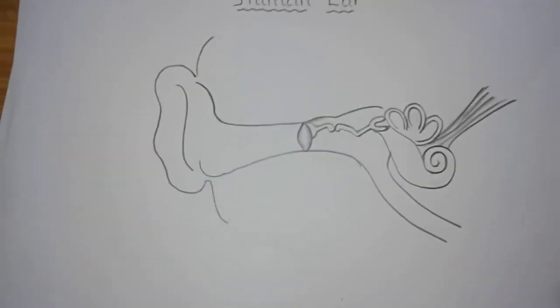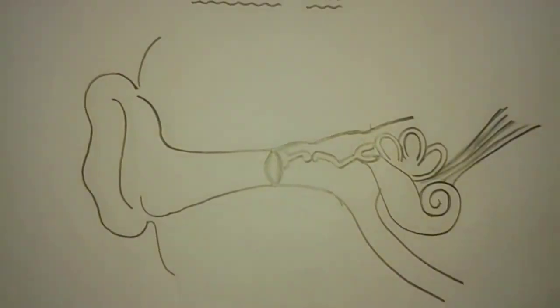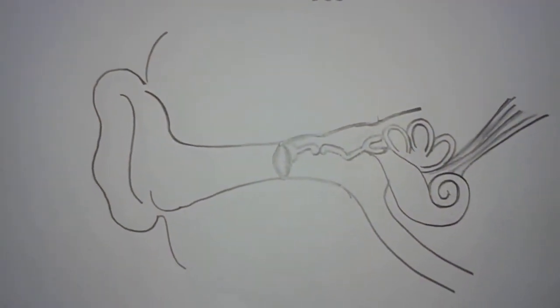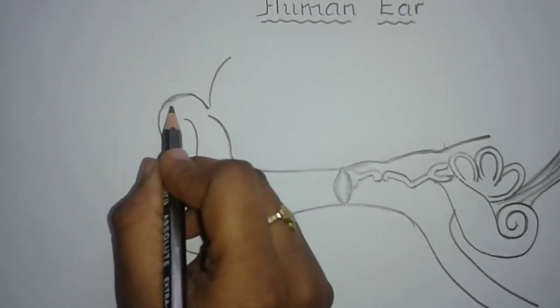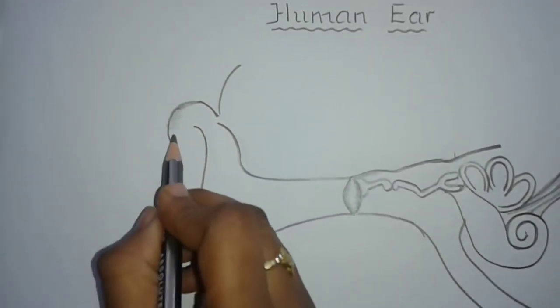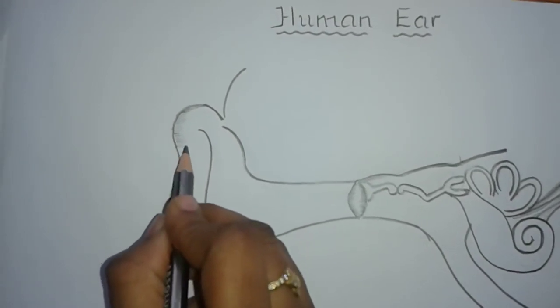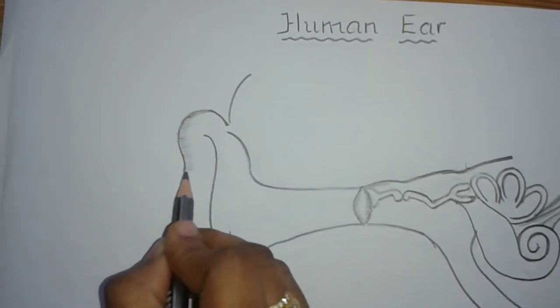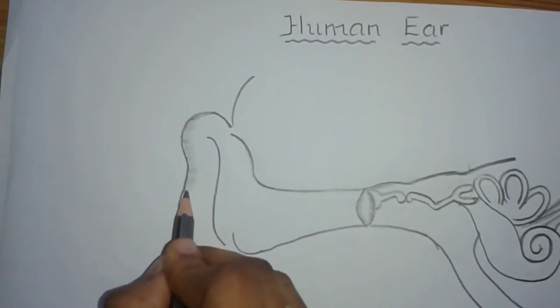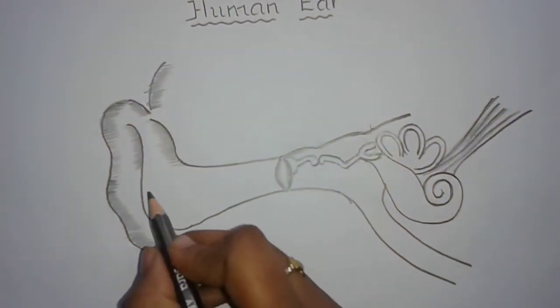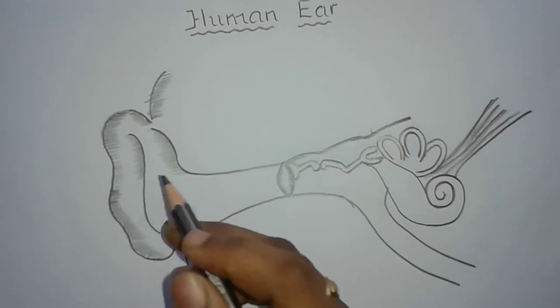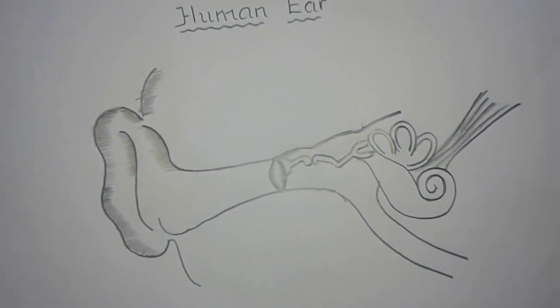So this is the structure of the ear. Now let us make it more beautiful by just shading like this. So children, shade the pinna like this to get the 3D dimension of it.